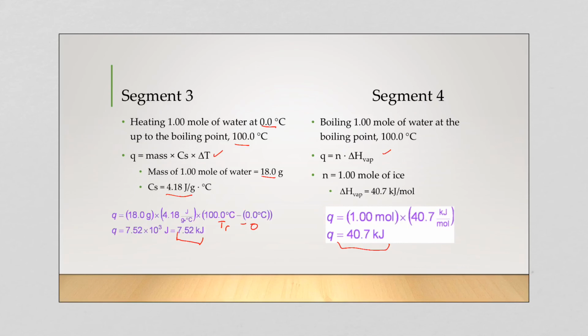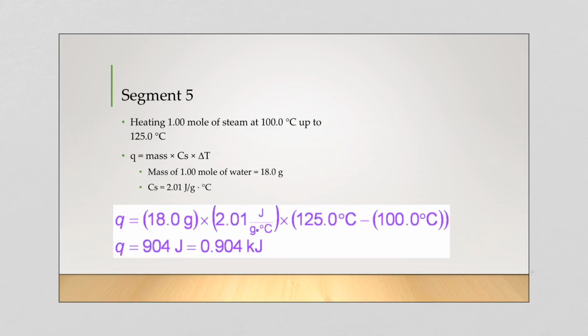Now at this point, we are at 1 mole of steam at 100 degrees. Just to see how we do it, we're also going to increase the temperature of that steam from 100 degrees up to 125 degrees. How much energy would that take? Again, we have our mass of 18 grams. We use the specific heat of steam.